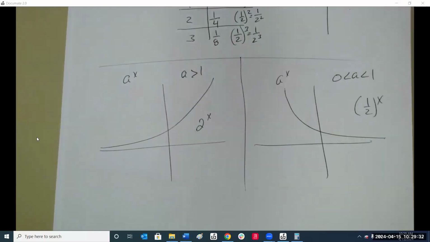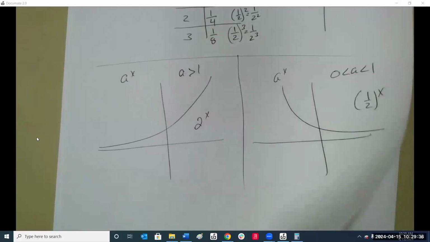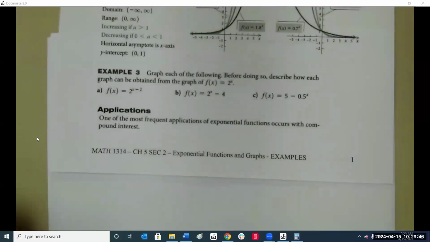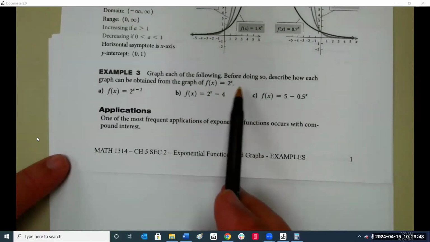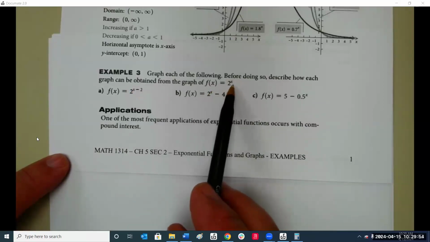We can do transformations also. Look at example 3. Graph each of the following. Before doing so, describe how each graph can be obtained from the graph f of x equals 2 to the power x.